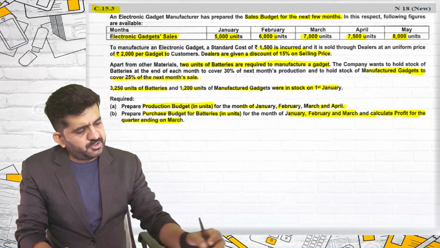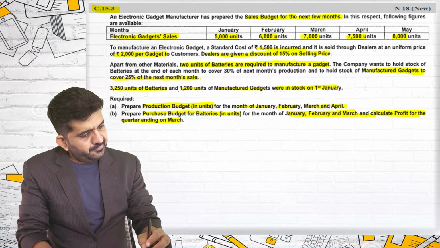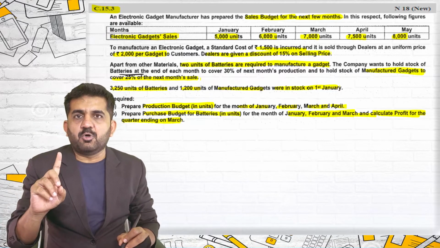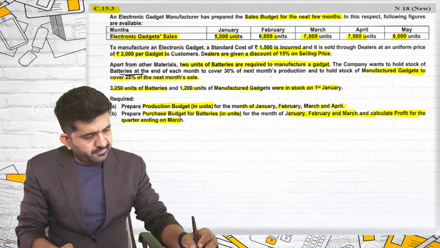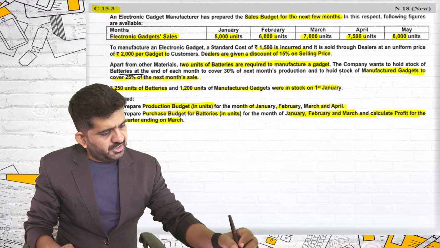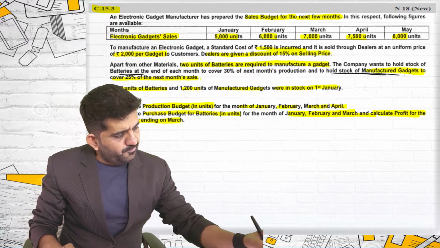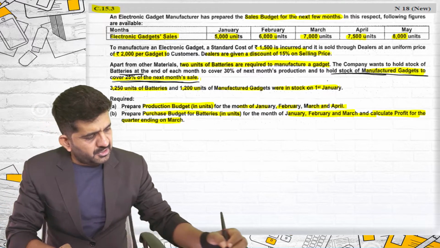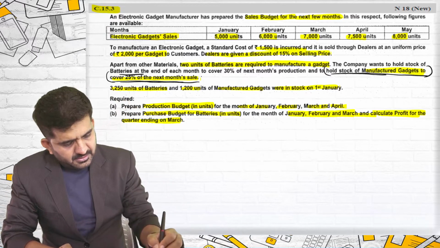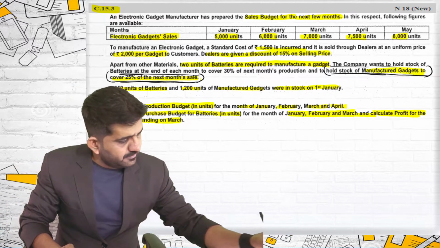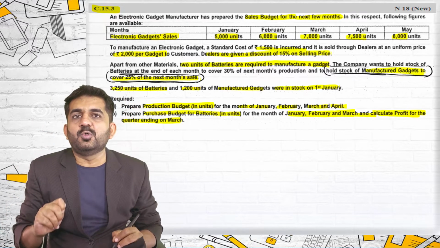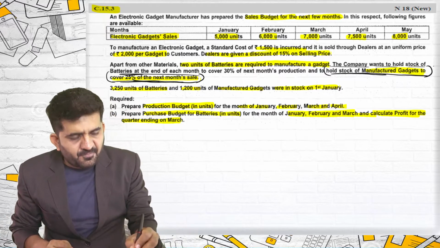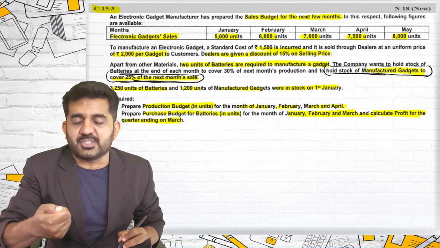Apart from other materials, 2 units, this is for battery. The company wants to hold stock of batteries. We are right now not doing batteries, we are doing only finished goods. Next month production. And to hold stock of manufactured gadgets to cover 25% of next month's sales. Try to concentrate on this. You keep closing stock of current month to cover 25% of sales for next month.